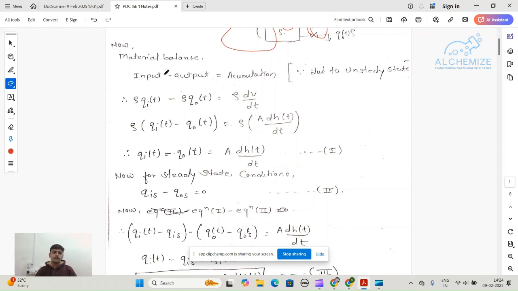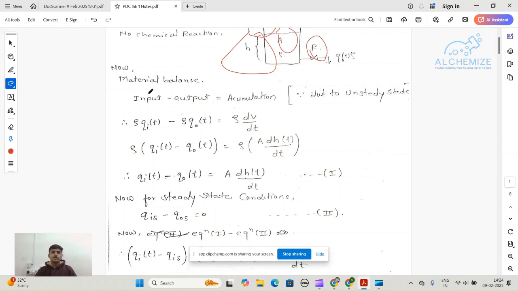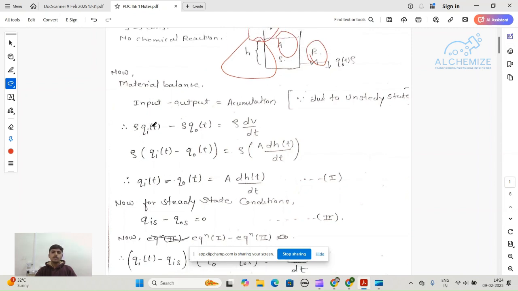So the material balance for an unsteady state condition is input minus output equals accumulation. For input, we have rho into flow rate. The unit for rho is kg per meter cube, and the unit for flow rate is meter cube per second.